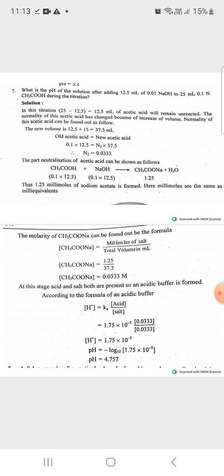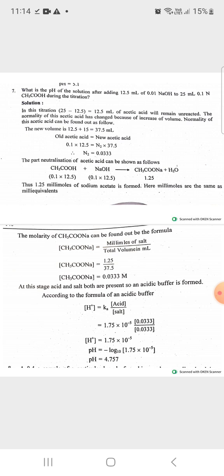So the normality of this acetic acid can be found out as follows. We have to determine first its normality. The new volume is 12.5 plus 25 equals 37.5. So old acetic acid is equal to new acetic acid: 0.1 multiplied by 12.5 is equal to N2, the normality we have to calculate, multiplied by 37.5, that is the new volume.